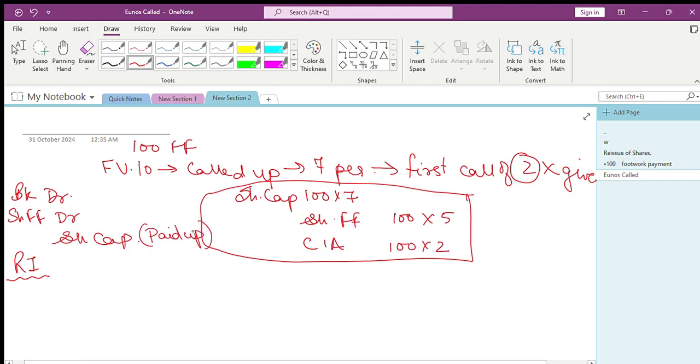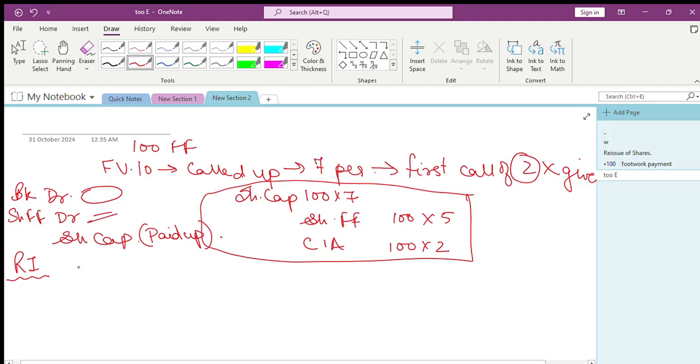How much is paid? This is a 10 rupee share. When we reissue, we may consider it as a 10 rupee thing, or as a 7, 8, or 9 rupee thing. That has to be stated. If nothing is stated, called up is considered as paid up. Now with that value, we compare the price which we are getting, and the difference goes to share forfeiture account.